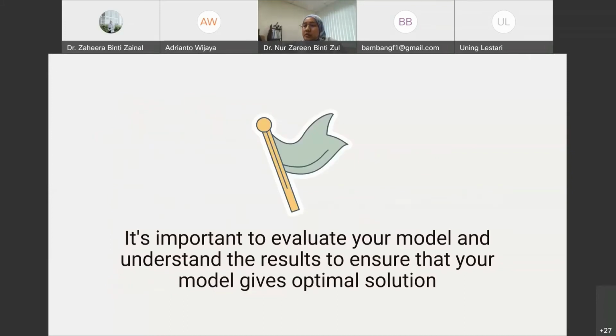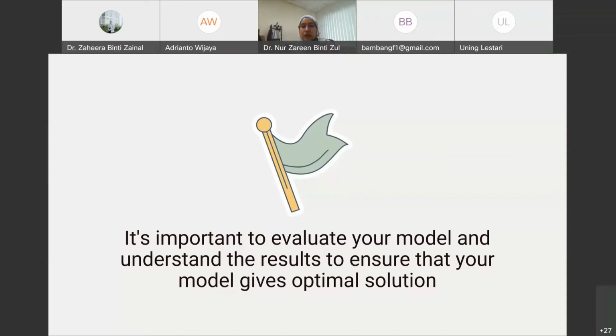So I think this is my last slide. Like I mentioned, it's just a short sharing session to briefly share on this common evaluation method for classification models. So just a recap, confusion matrix is very, very useful in evaluating your model.